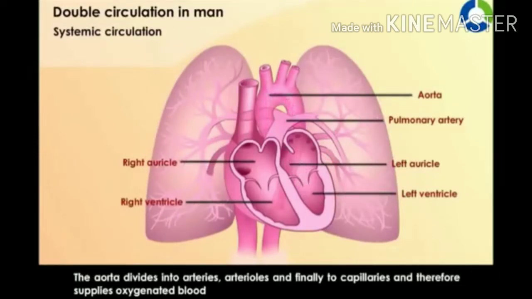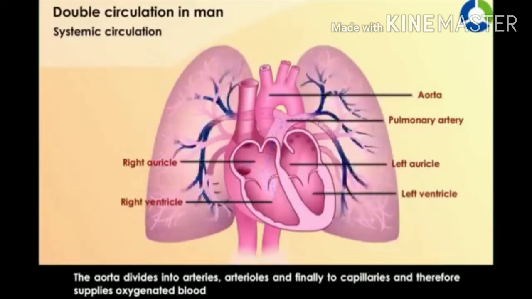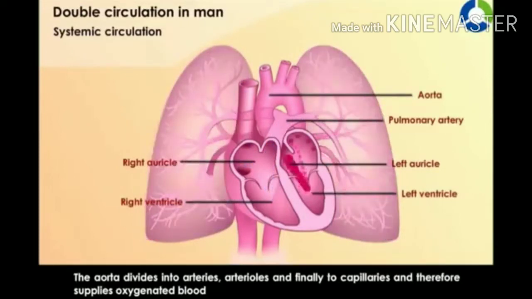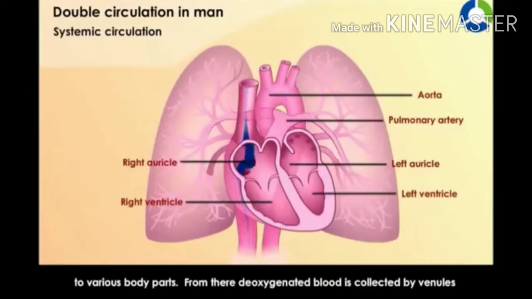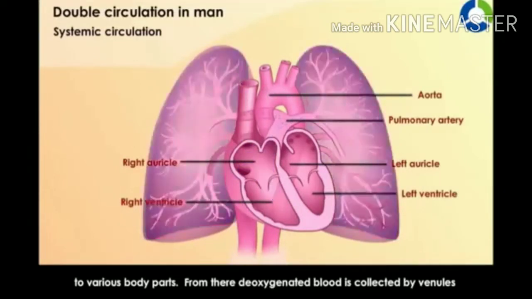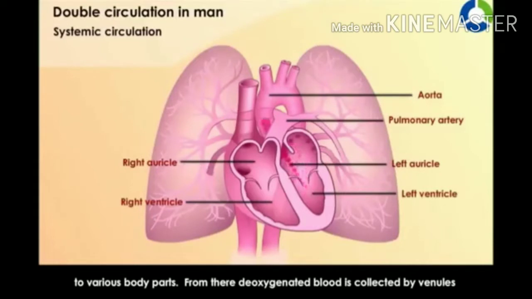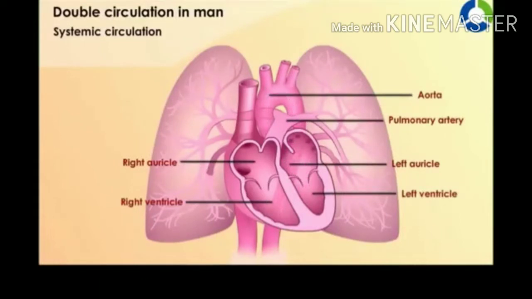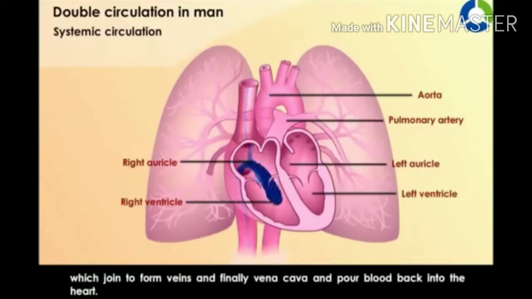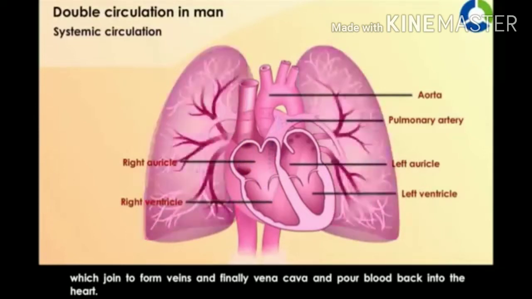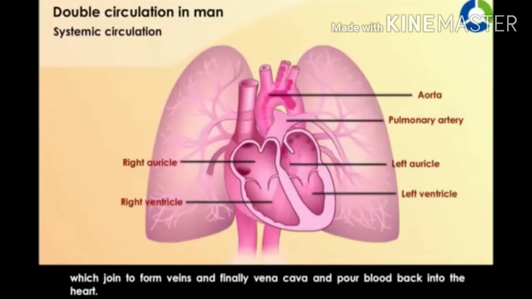The aorta divides into arteries, arterioles, and finally capillaries, and therefore supplies oxygenated blood to various body parts. From there, deoxygenated blood is collected by venules which join to form veins, and finally the vena cava, and pour blood back into the heart.